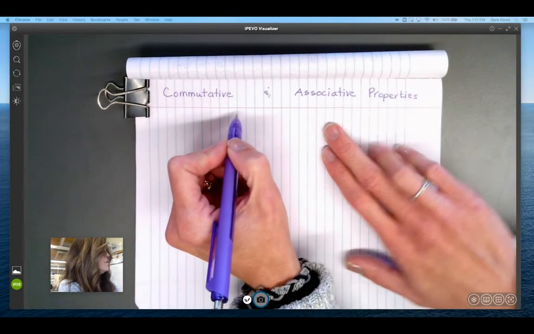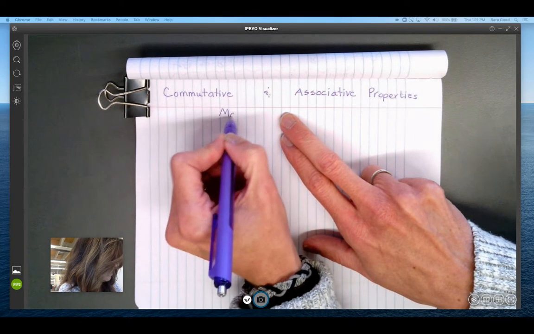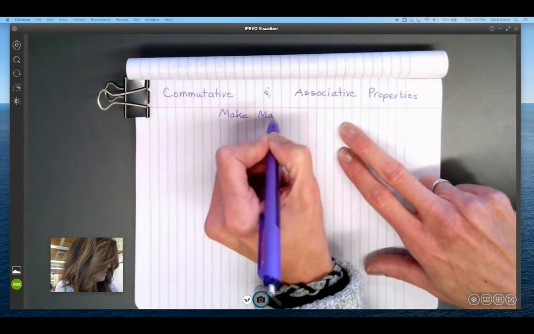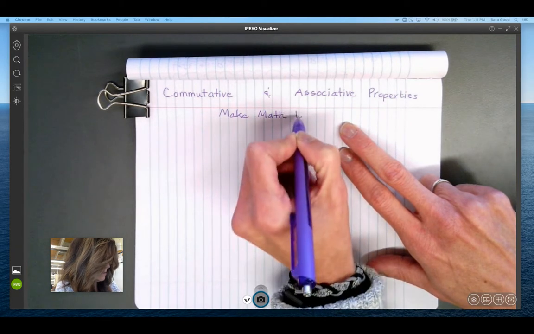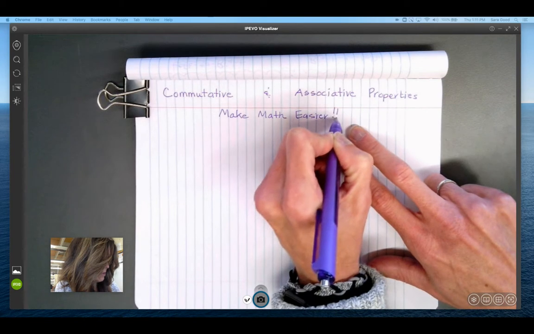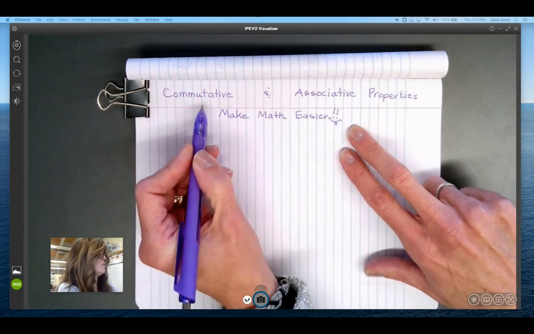And then right under this little line here I'll write make math easier. We like that. We want to do less work. Okay, now watch what I'm going to do here.